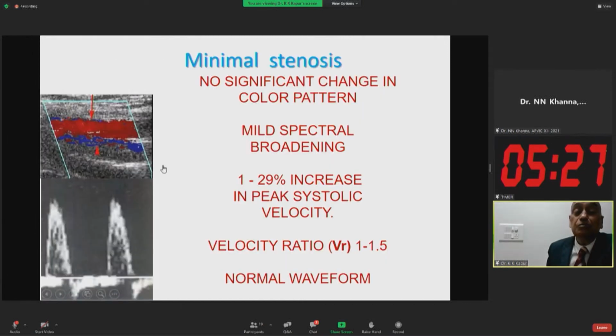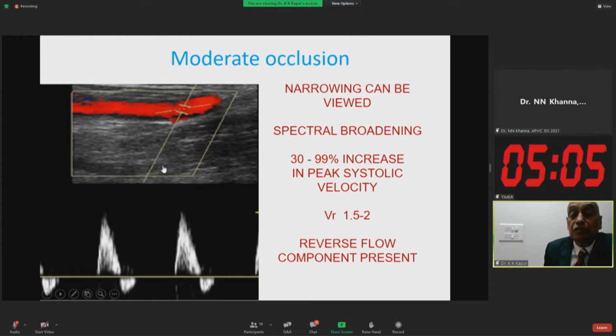So what is minimal stenosis? In minimal stenosis there is no significant change in the color flow pattern. There could be a minimal spectral broadening, but it may not be there. There is a 1 to 29% increase in the peak systolic velocity, the velocity ratio is 1 to 1.5, and the waveform is normal triphasic. When you get a moderate stenosis, there is spectral broadening, as you can see in this trace, with a loss of the clear space inside the Doppler spectrum.